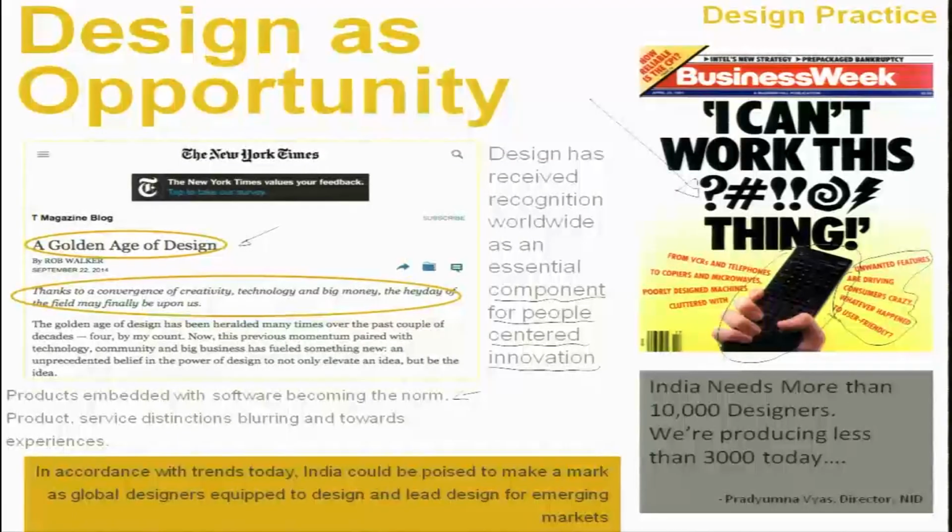Okay. So typically all the service distinctions of features related to the product, or the post productization service requirements of a product, they are all blurring slowly and fading away towards what we know as experience of a product.